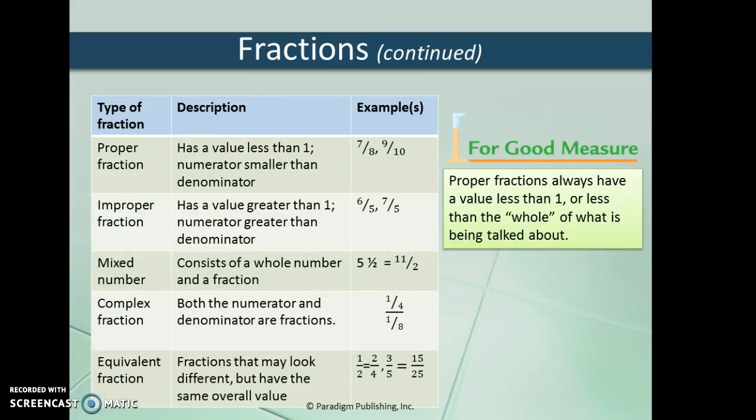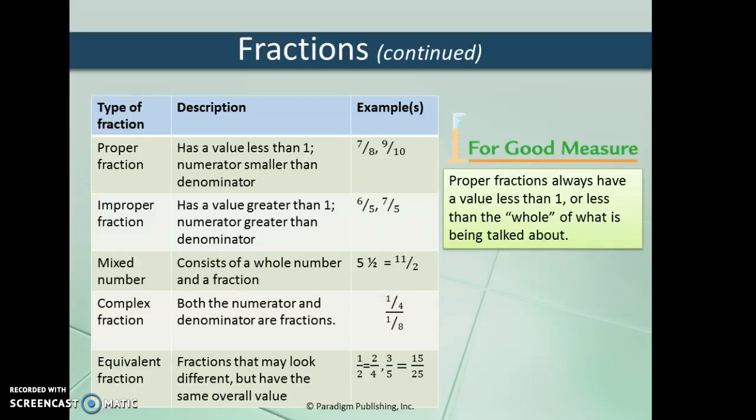The following are types of fractions. Proper fractions have a value less than 1, where the numerator is smaller than the denominator. Improper fractions have a value greater than 1. The numerator is greater than the denominator.